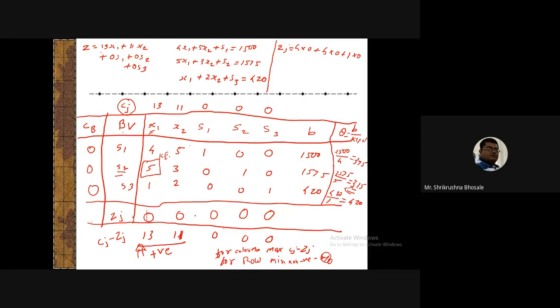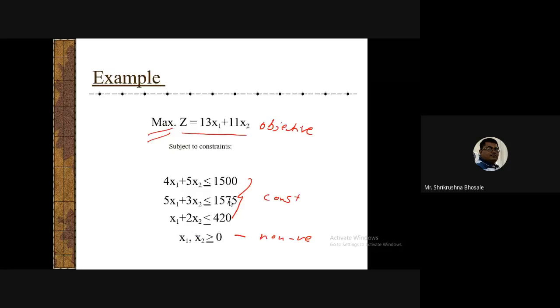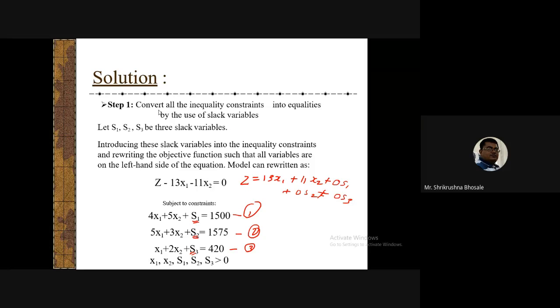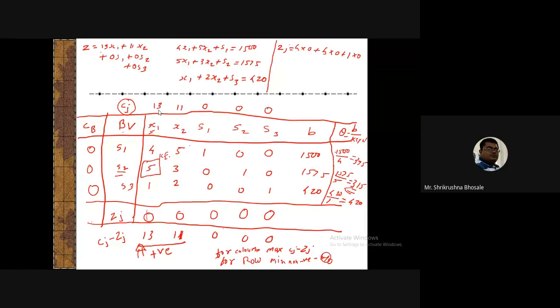Then we calculate the Cj minus Zj value. Cj value is at the top side, Zj value is here. So Cj minus Zj: 13 minus 0, 11 minus 0, 0, 0, 0. As this is a maximization problem, this is given as the first initial condition. For a maximization problem, the rule is that Cj minus Zj should be negative or 0.